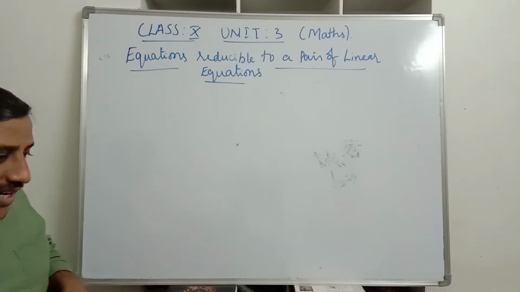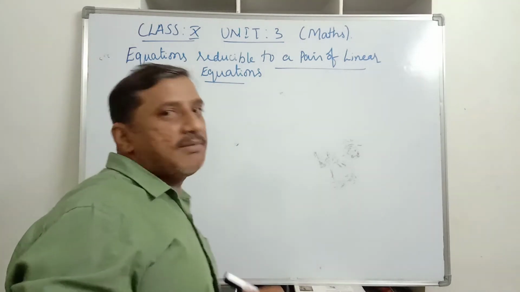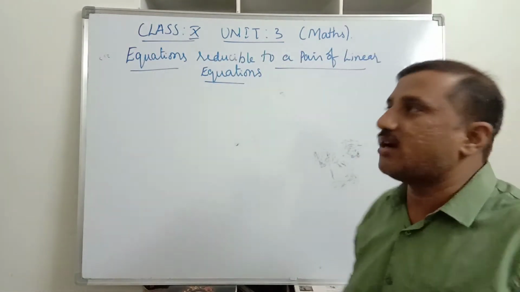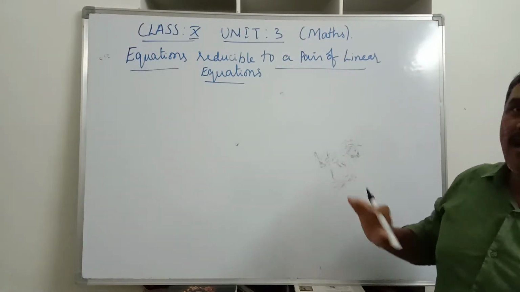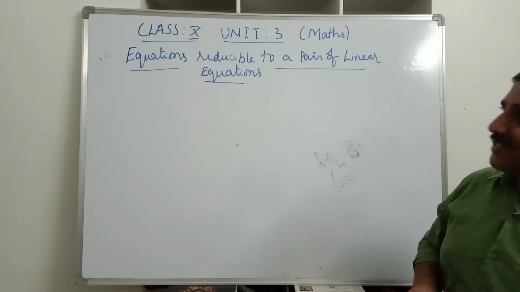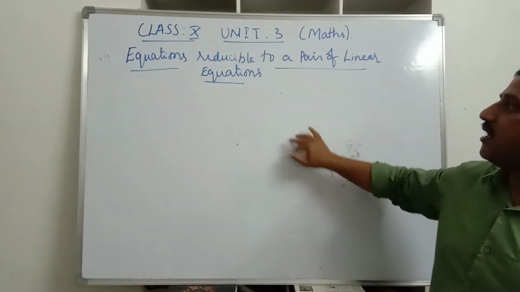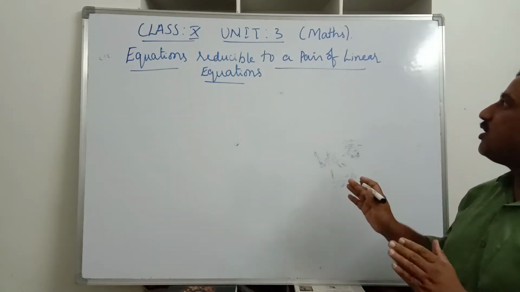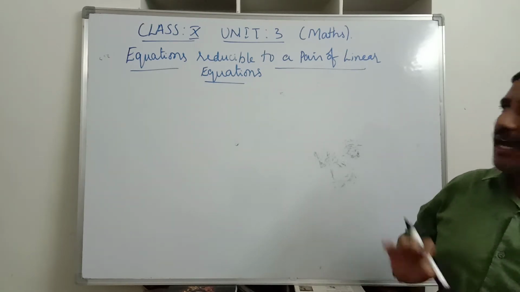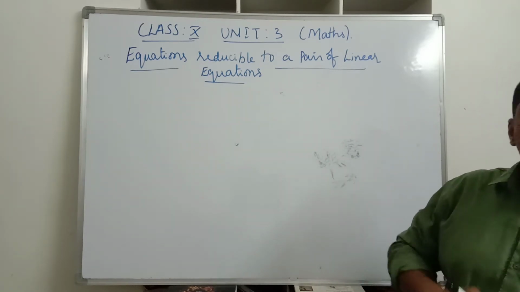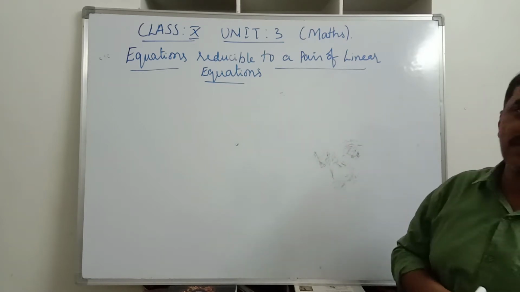In the last class we discussed the third algebraic method to find the solutions of a pair of linear equations. It is none other than the cross multiplication method, and today we are going to discuss equations reducible to a pair of linear equations. What does it mean? It means that the given equations are not in the pair of linear equations form.